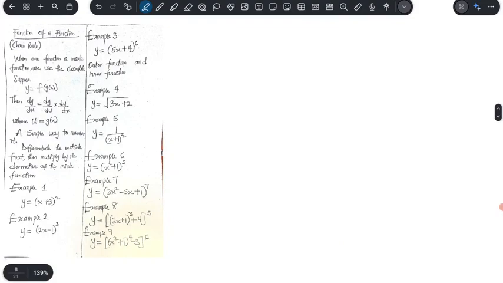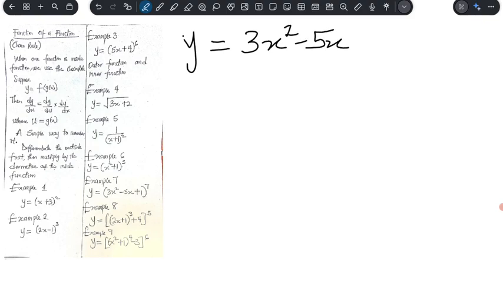So in example 7, we have y is equal to (3x squared minus 5x plus 1) raised to power 7.